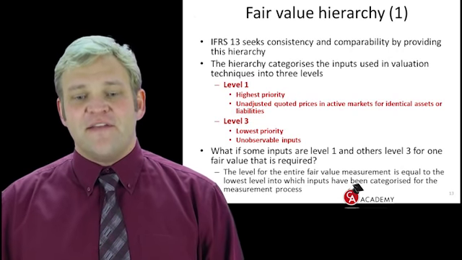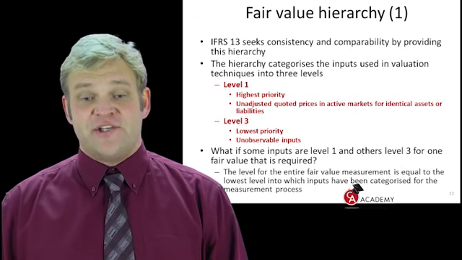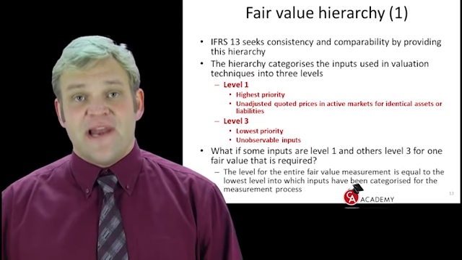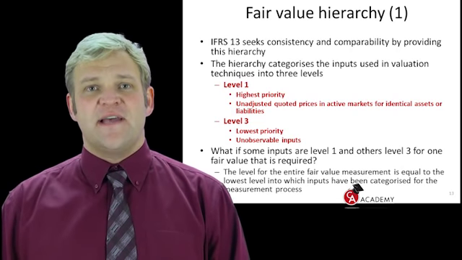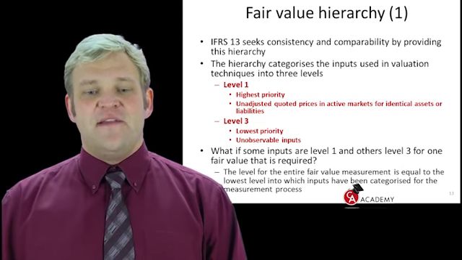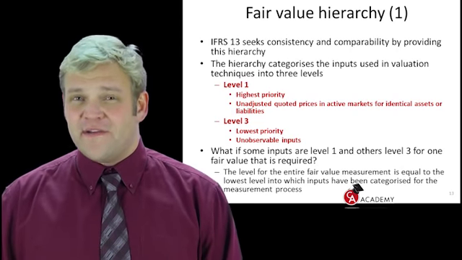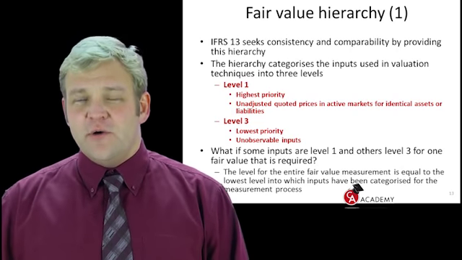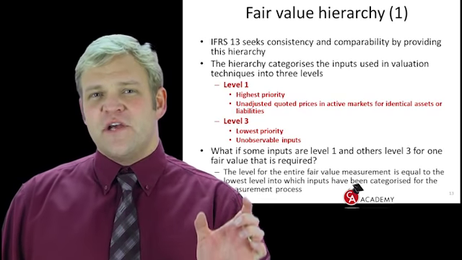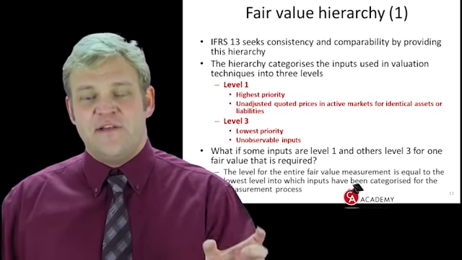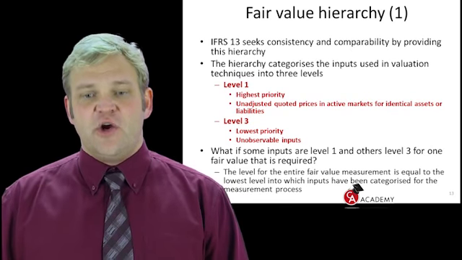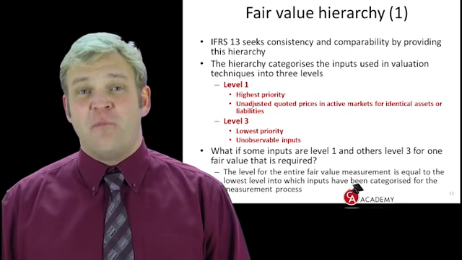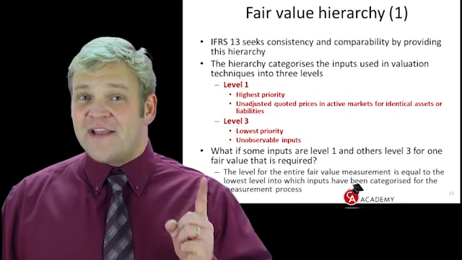The hierarchy categorizes the inputs used in valuation techniques into 3 levels. Look at that. Level 1 is the highest priority. And these are unadjusted. Look at the quality of information. These values are so usable and so relevant that they are unadjusted quoted prices in active markets. Do you see? So what is an active market?